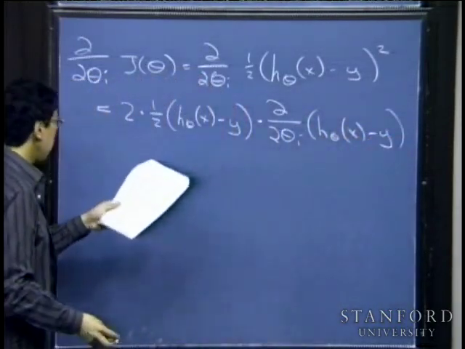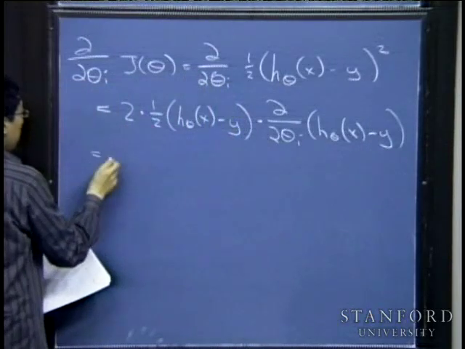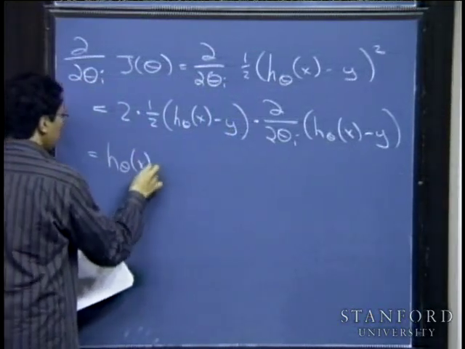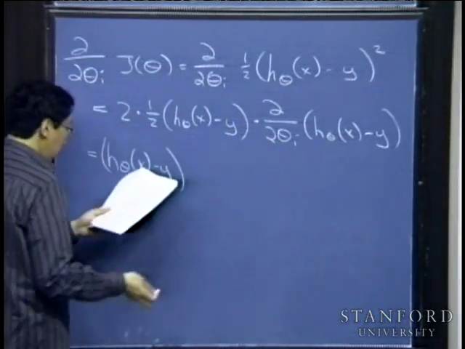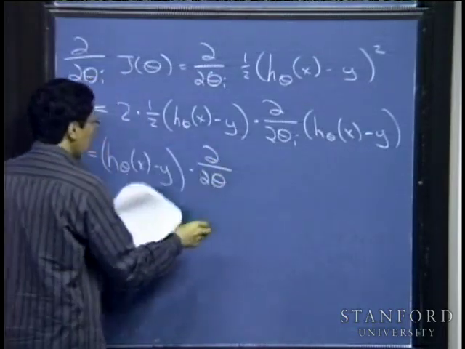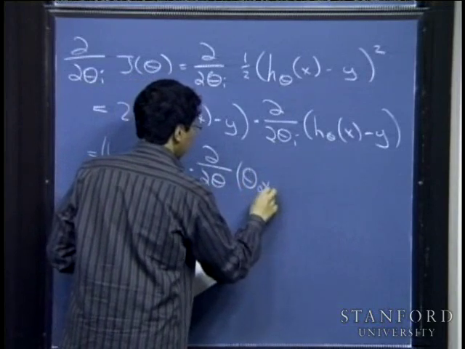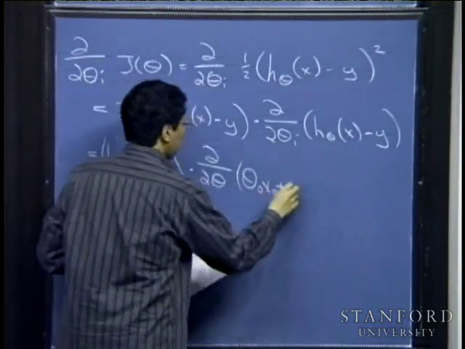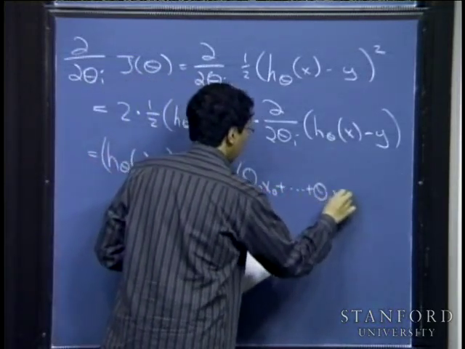The 2 and the 1/2 cancel, so this leaves h subscript theta of x minus y, times the derivative of h, which is theta 0 x 0 plus dot dot dot plus theta n x n.